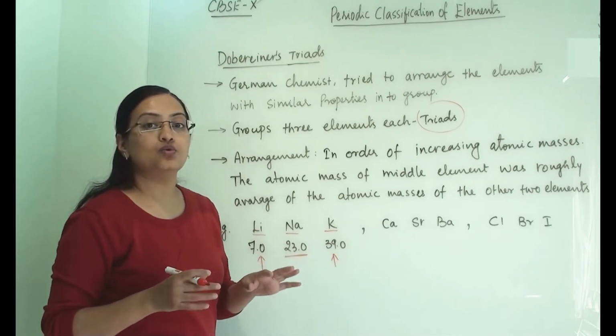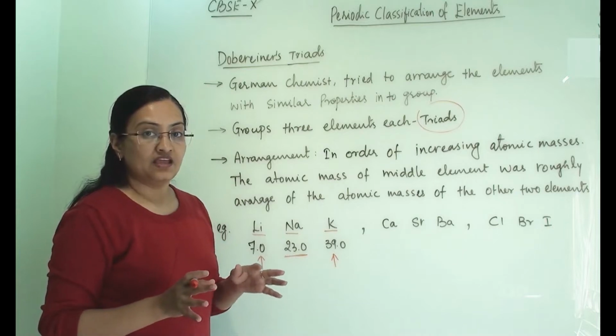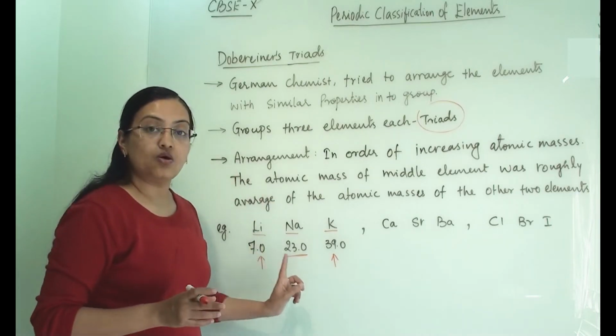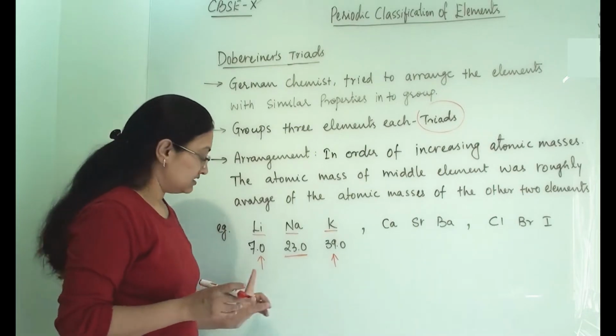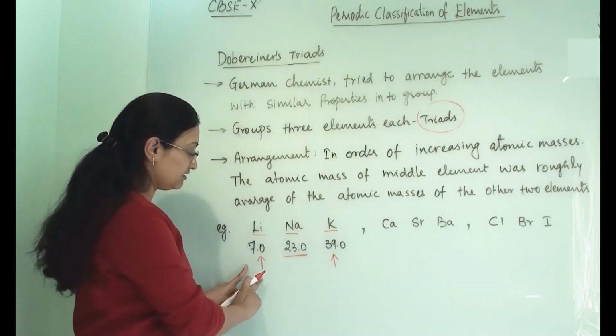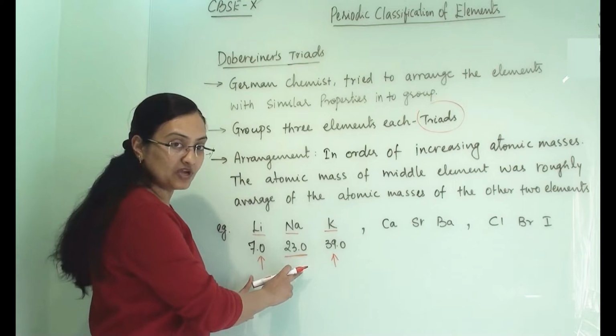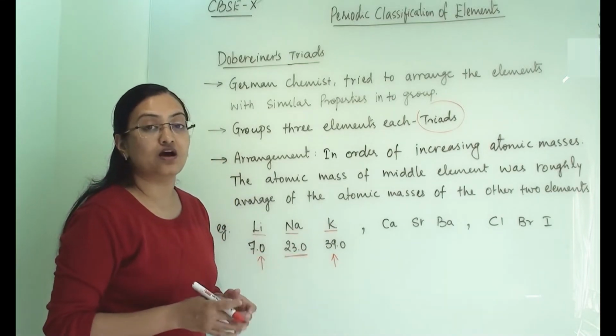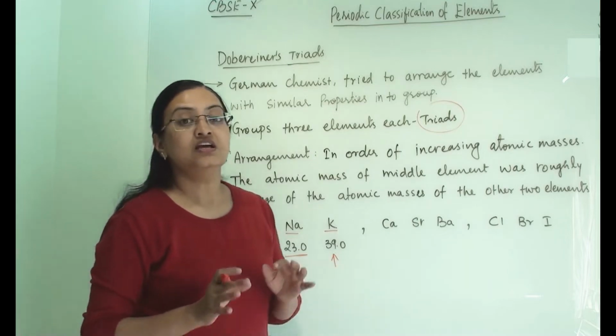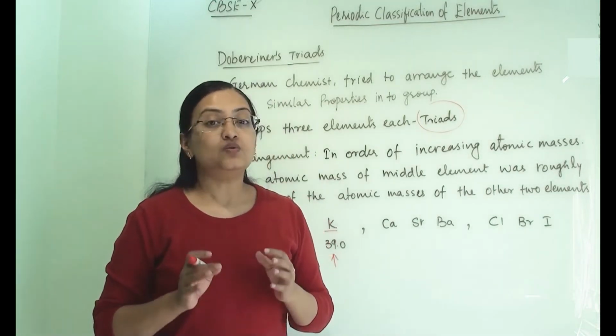He gave only 3 triads, arranged in increasing order of atomic masses, so the atomic mass increases from one end to the other. That is how Döbereiner arranged 3 elements in one group.